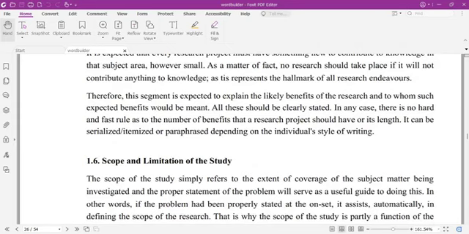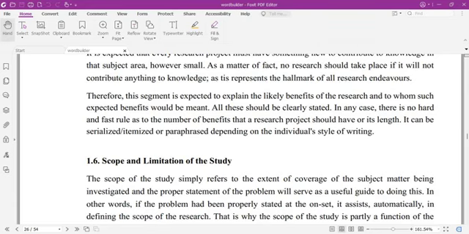In any case, there is no hard and fast rule as to the number of benefits that a research project should have or its length. I think we've said it before. The important thing is that it adds to knowledge. It is better than what we have known before you started working on it.